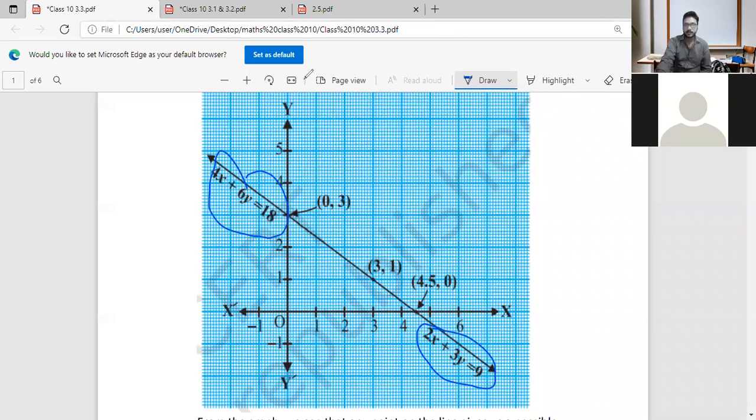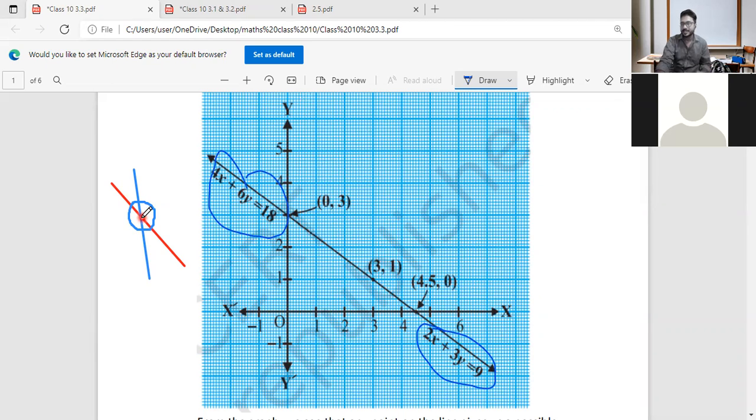I will show you. If there is one line like this, and another line with a different color, and they are intersecting like this, then we can say that this intersecting point is the solution of these two equations.